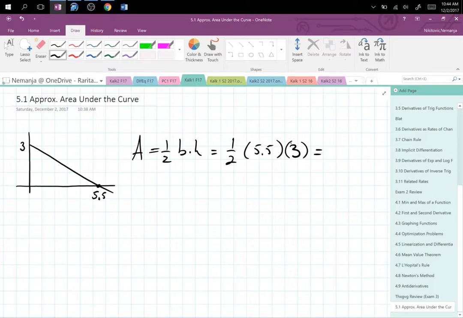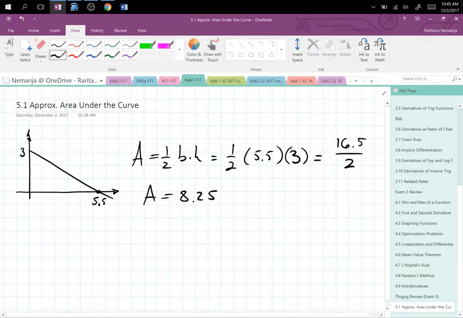And you are going to get 16.5 over 2, which is 8.25. So we get 8.25 if we calculate the area under the curve.